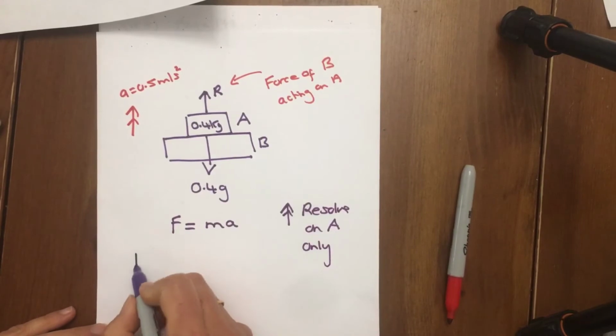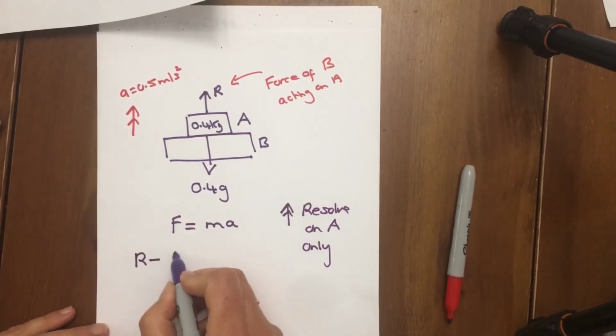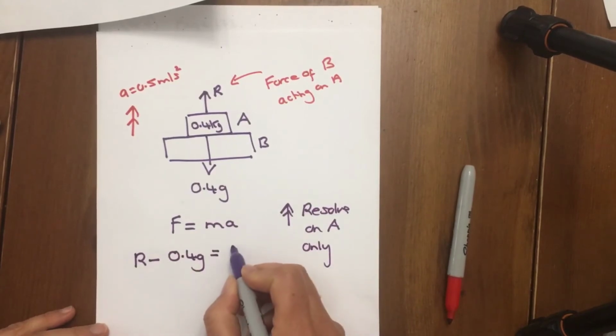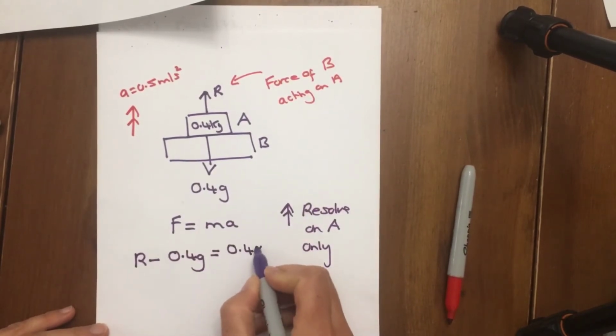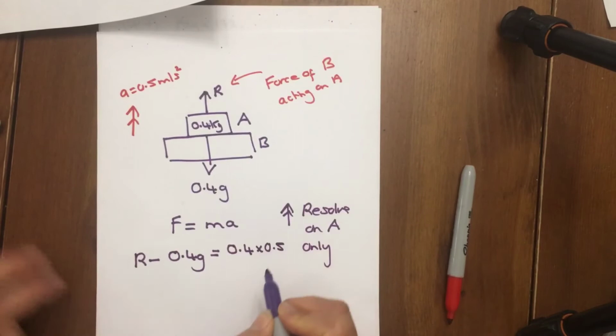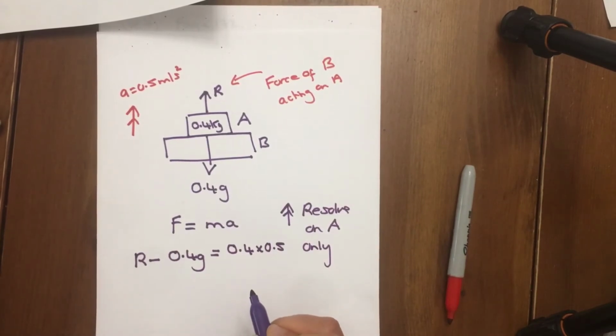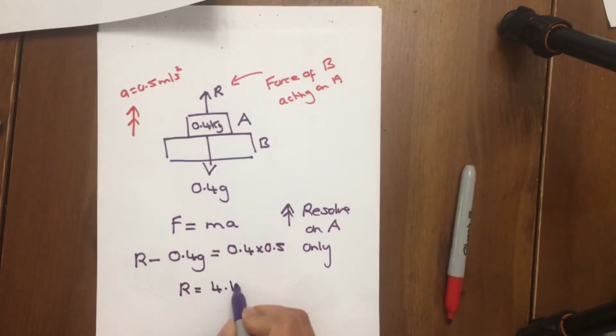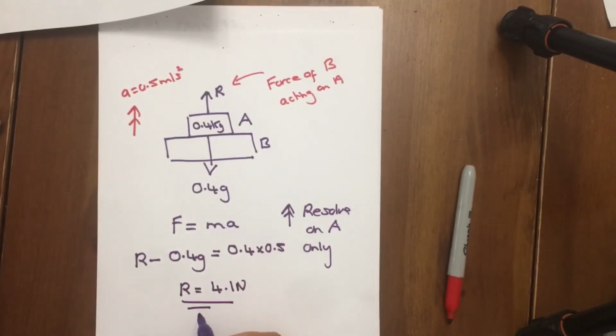So we've got R, our normal reaction, minus the weight of A equals the mass of A times the acceleration of A. And if you work all that out, you will get R to be 4.1 newtons.